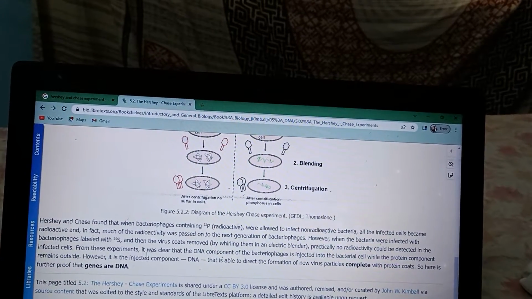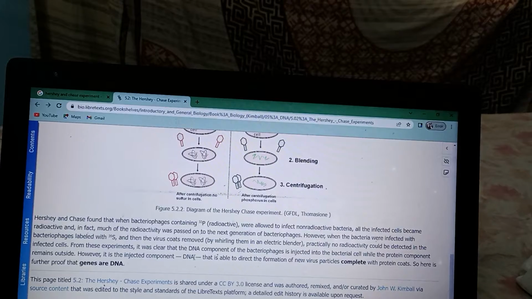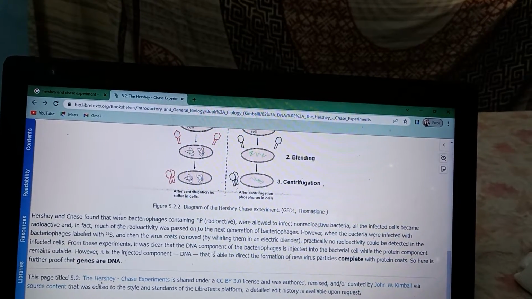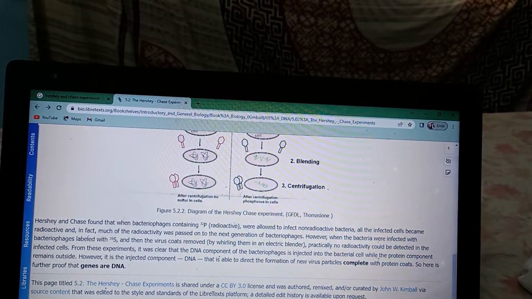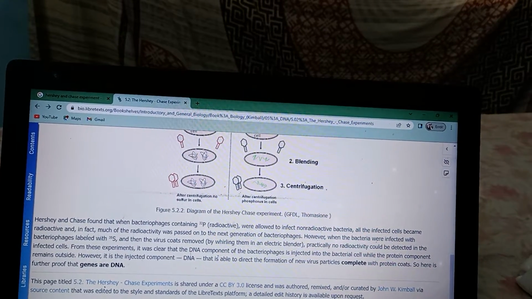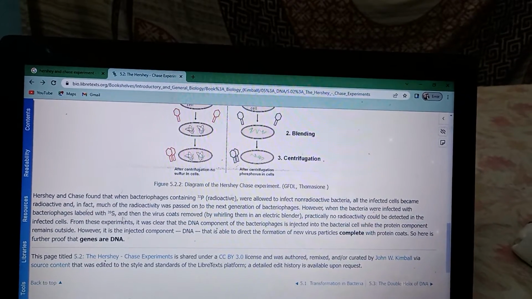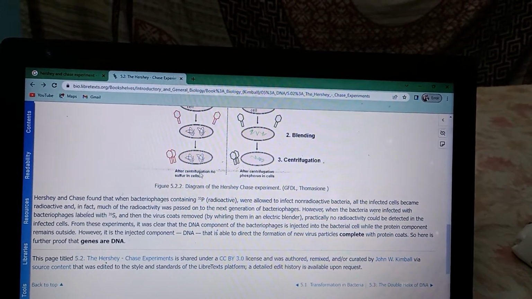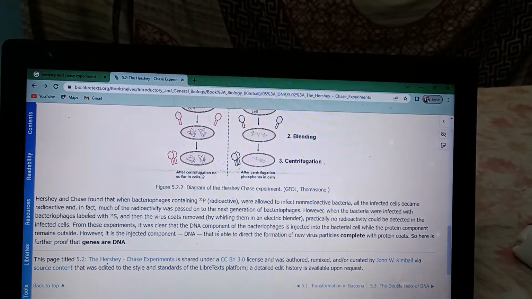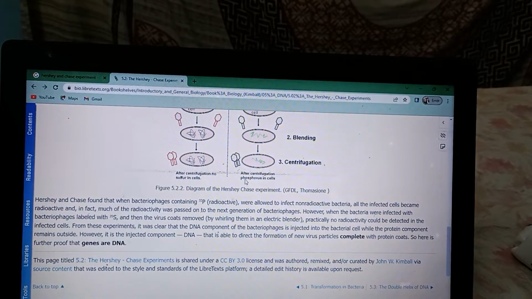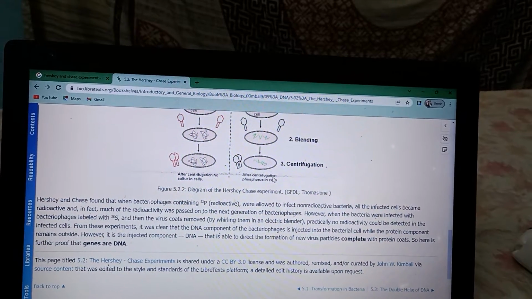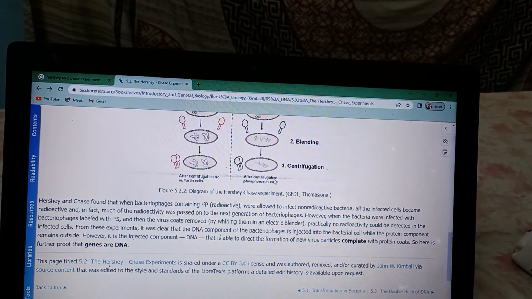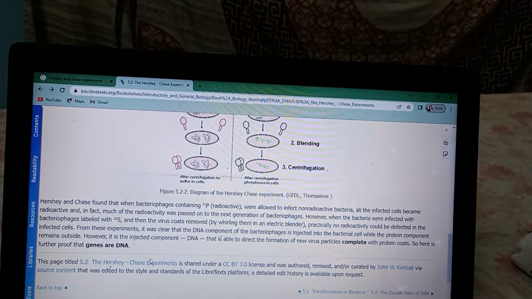So from these experiments, it was clear that the DNA component of the bacteriophages is injected into the bacterial cell while the protein component remains outside. It is the injected DNA that is able to direct formation of new viral particles complete with protein coats. So here is the proof that genes are DNA.